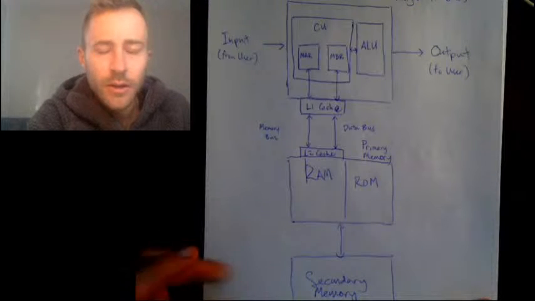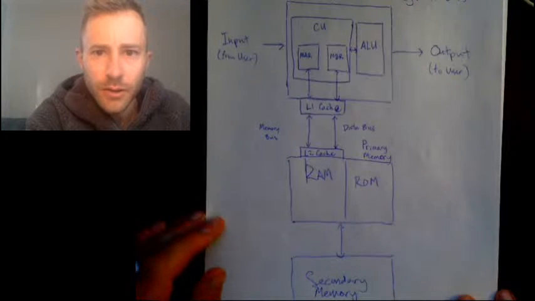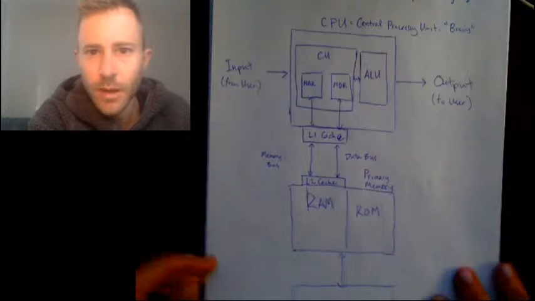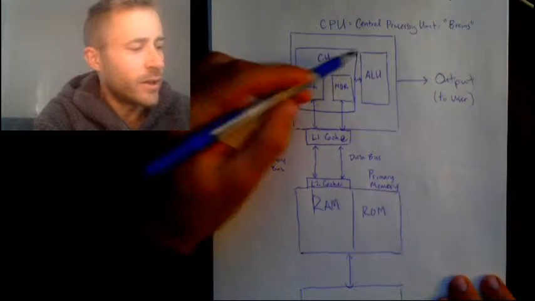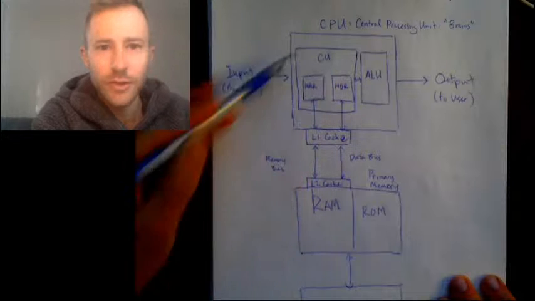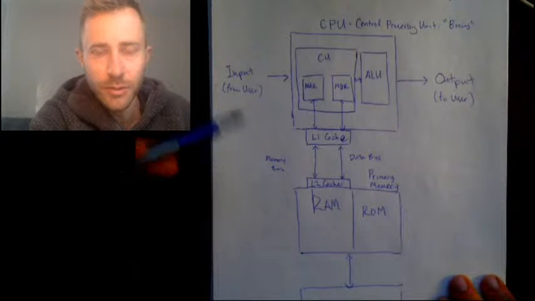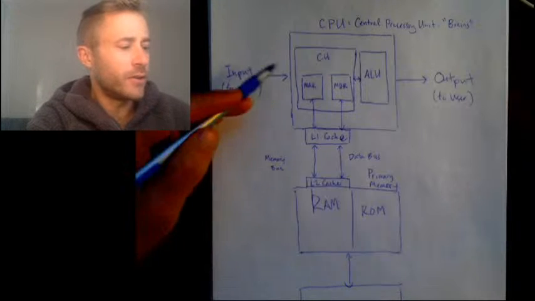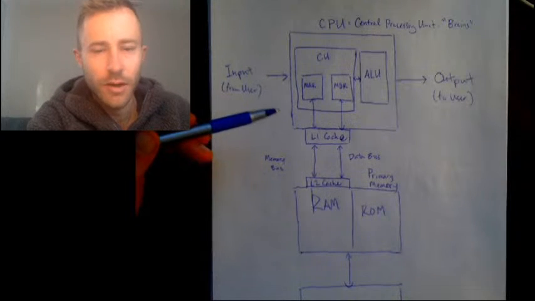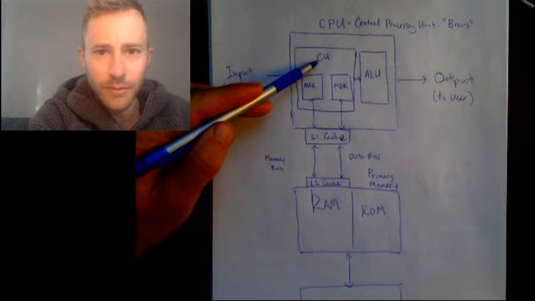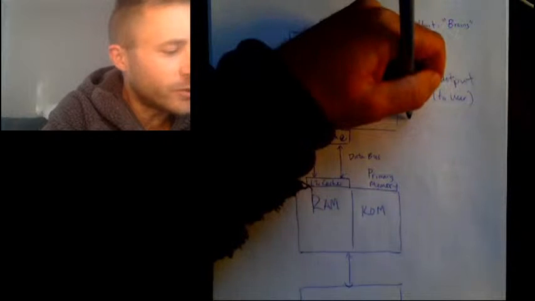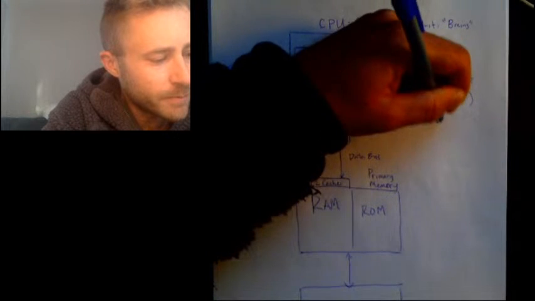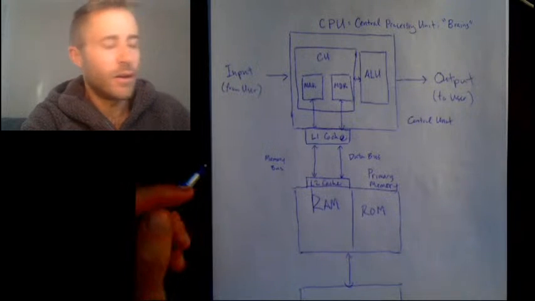So let's go ahead and talk about what's going on inside the CPU. What does the CPU have? I've abbreviated some of these different components. First of all, we have the CU. CU stands for Control Unit.